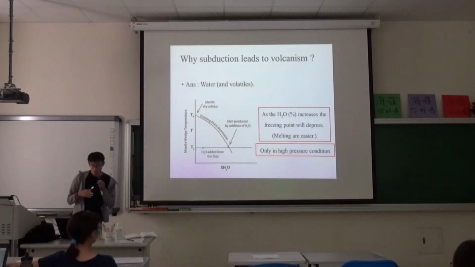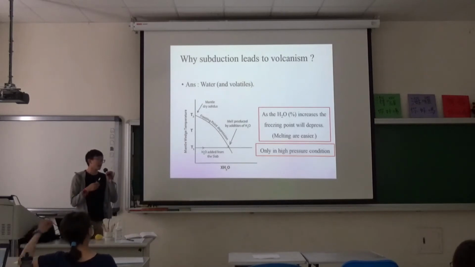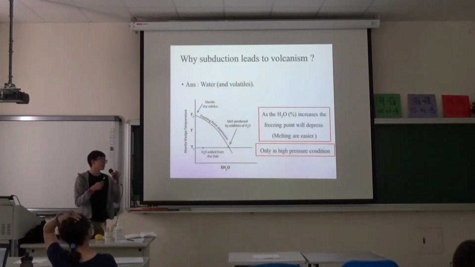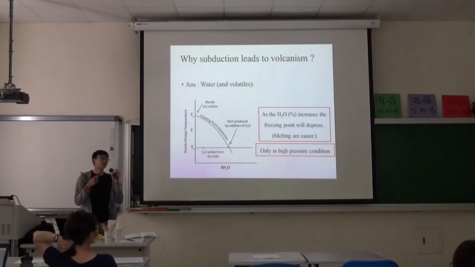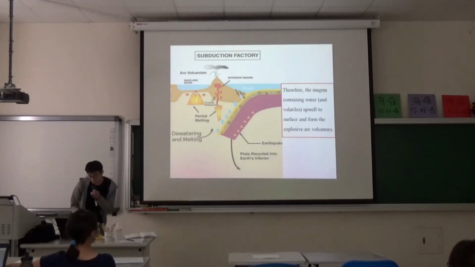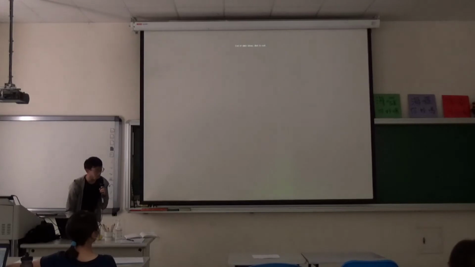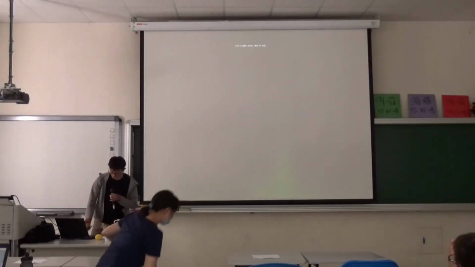But this only happens at high temperature, because high temperature lets the magma dissolve more water in it. Therefore the magma containing water upwells to the surface and forms the explosive arc volcanoes. Yes, that's all. Okay.